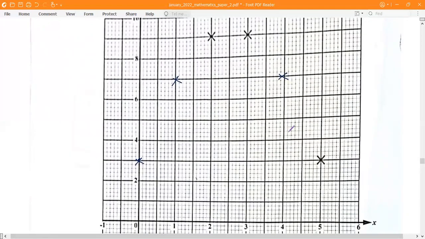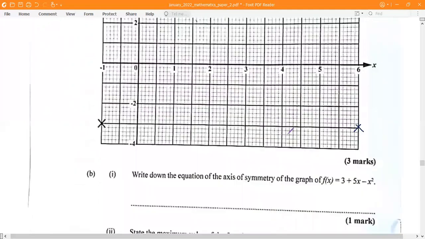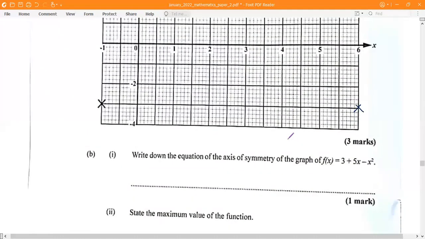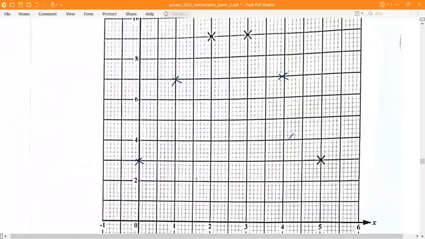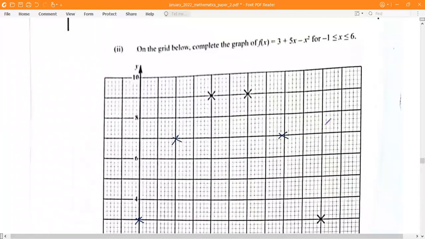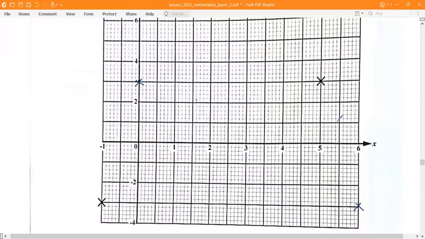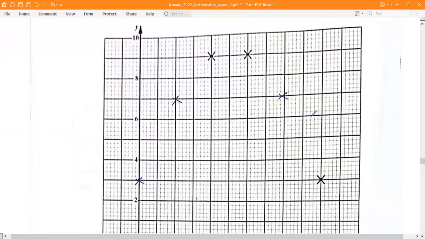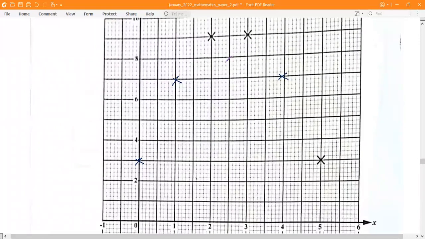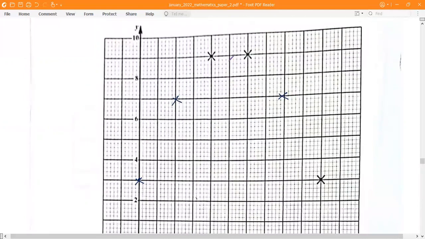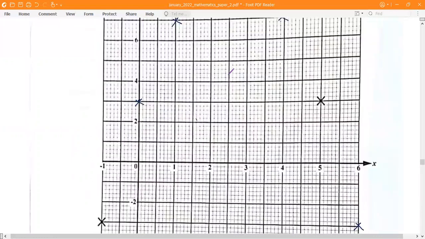All right, now in order to get the equation of the axis of symmetry of the graph, what we do is we have to find the symmetrical line, which will cut the graph in half, so to speak, so that one side is a reflection of the other side in this vertical line, right? The equation of the axis of symmetry.